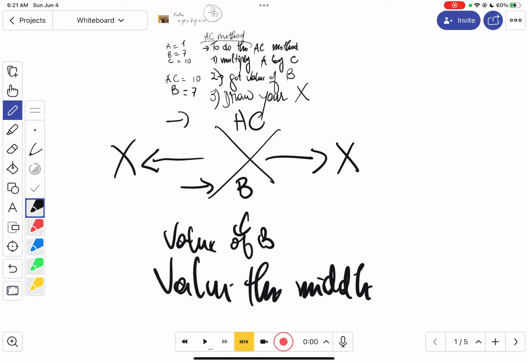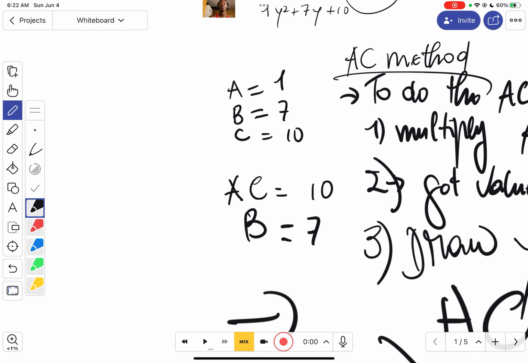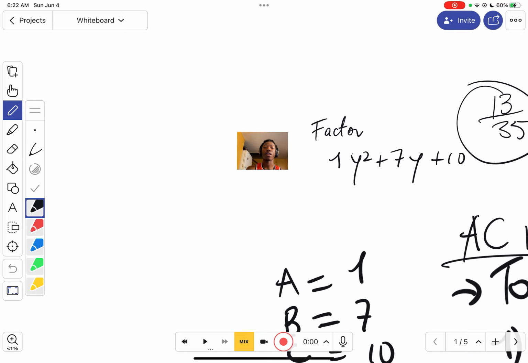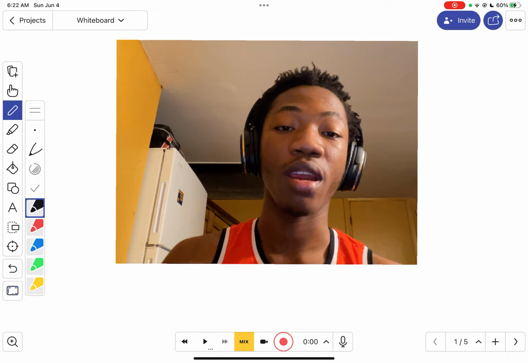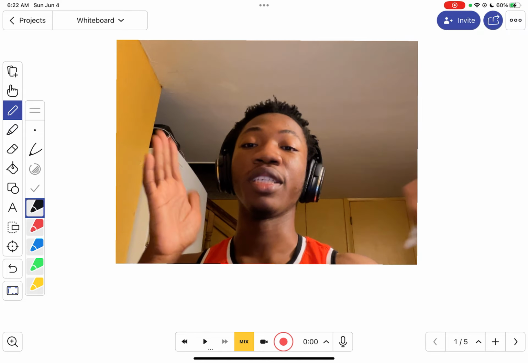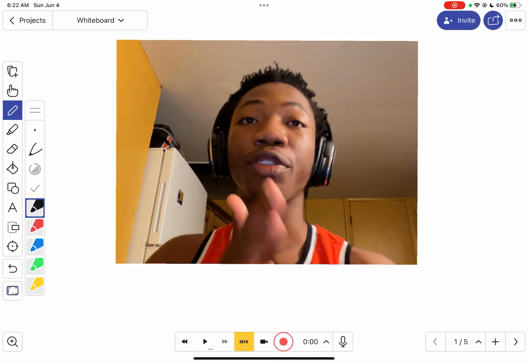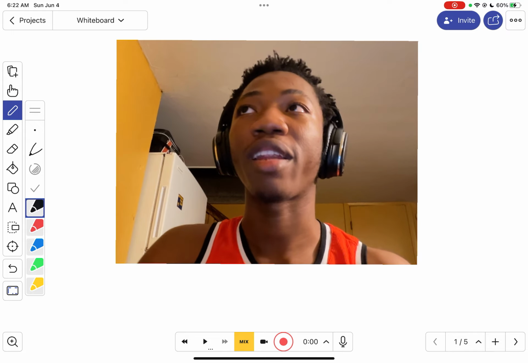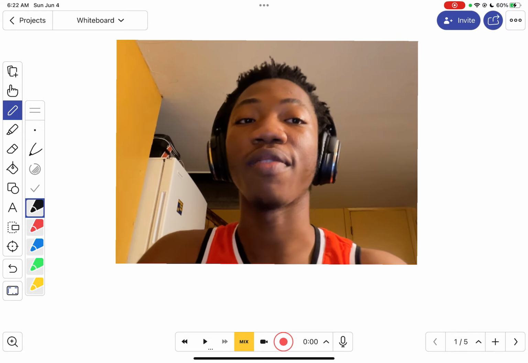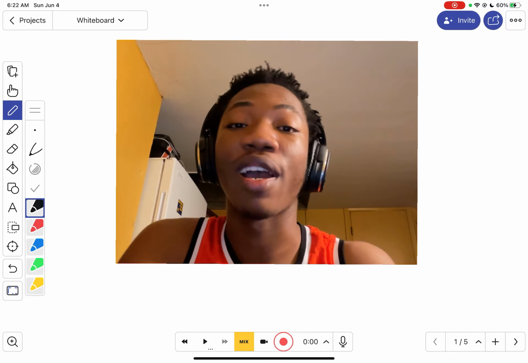So we're gonna review the AC method. The first thing that you need to do is multiply the A by the C. The first term, which is the A, you multiply it by the last term, the C. Then you get the value of B. You won't have to do any mathematical operation to get the value of B, because it will be provided to you.